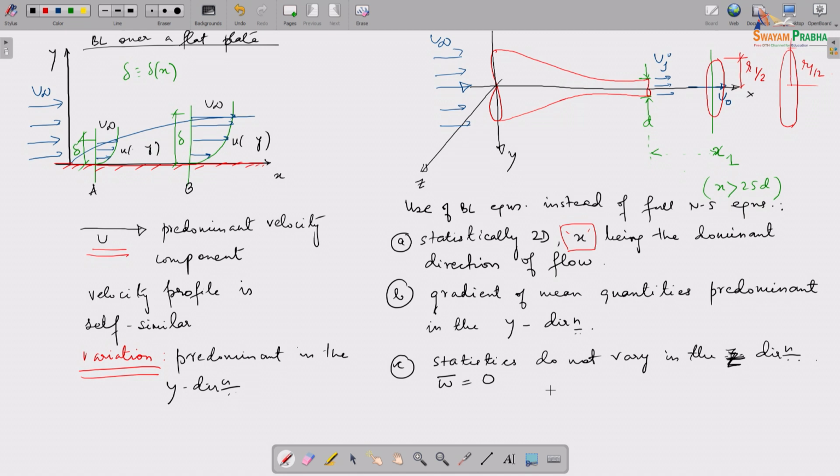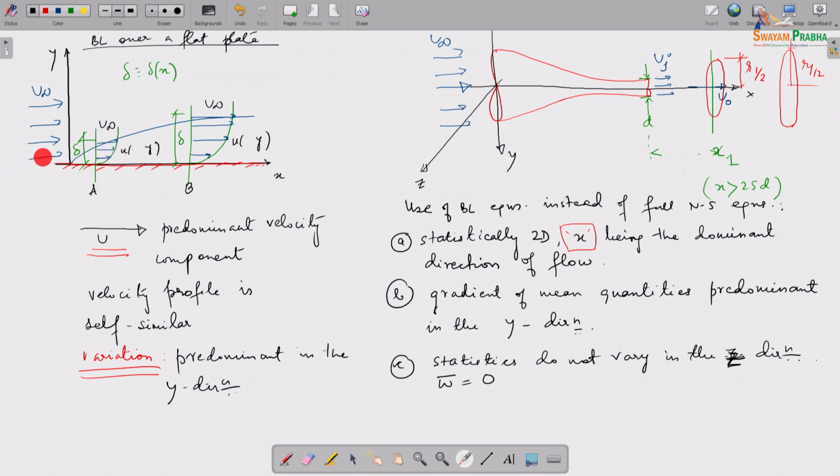One thing I thought I should point out. When I say delta, that is the boundary layer thickness, and the jet half width is r half. In the boundary layer, the velocity is not the same.